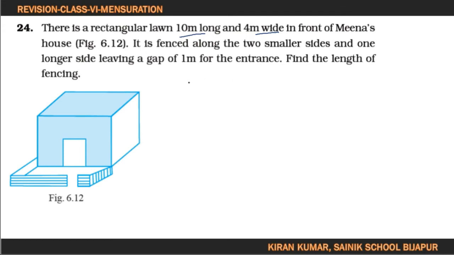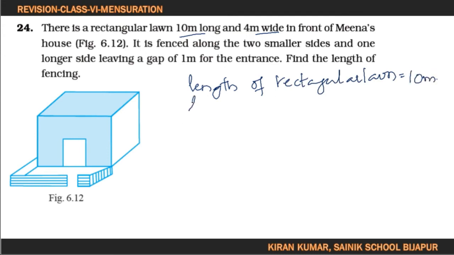Here they have given the length of the rectangular lawn. This is 10 meters. And they have also given the breadth of the lawn. The breadth of the lawn is 4 meters.